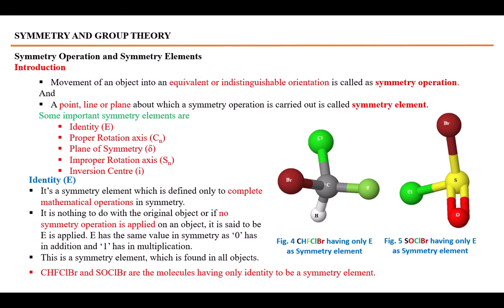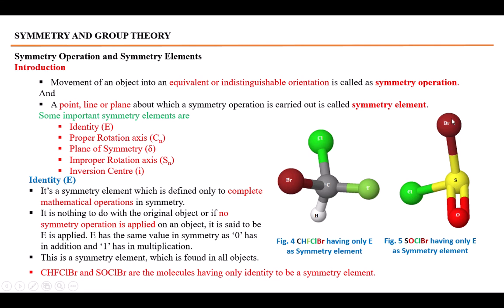So then why is identity required if you are not doing any operation on the molecule? It is due to completing the mathematical operations on a molecule. For example, here two molecules are shown. One is CHFClBr. All the groups attached to the carbon atom are different.